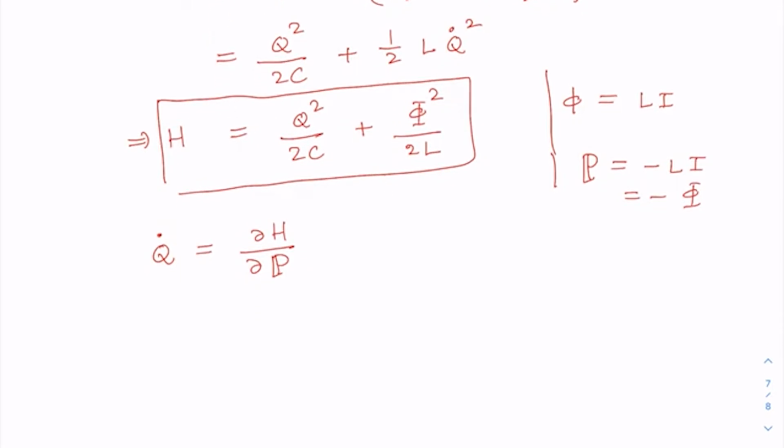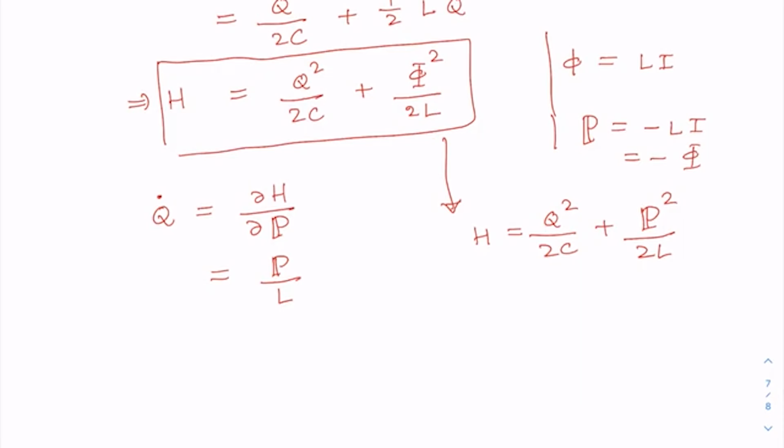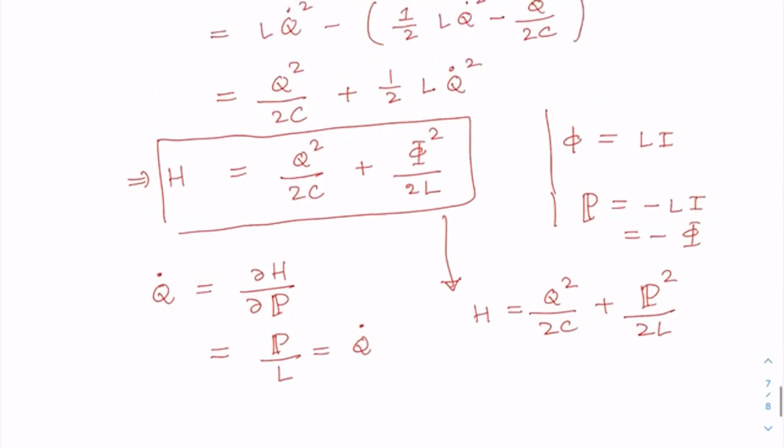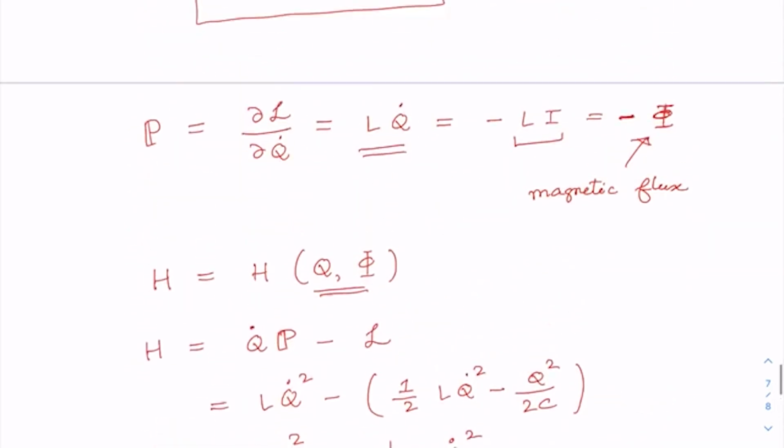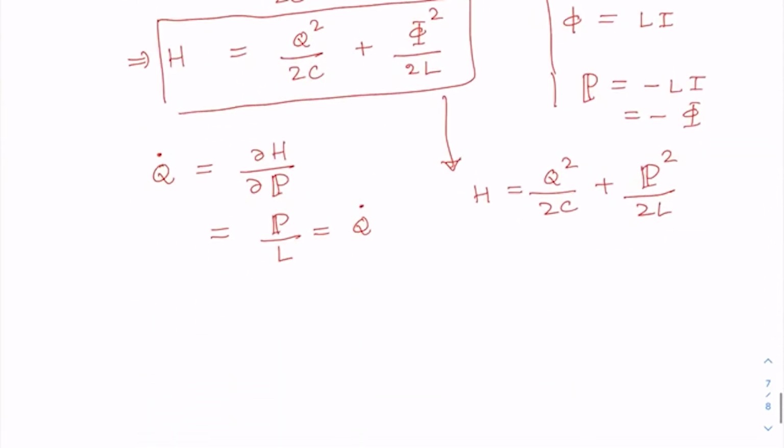Better I can write this Hamiltonian as H equal to q square by 2C plus p square by 2L. Therefore del H del p is simply p by L, and p by L is nothing but q dot, because p is equal to L q dot. So that's correct.